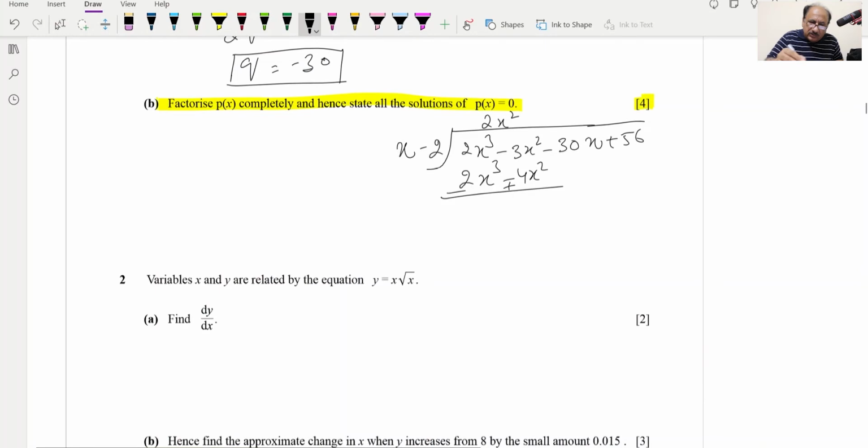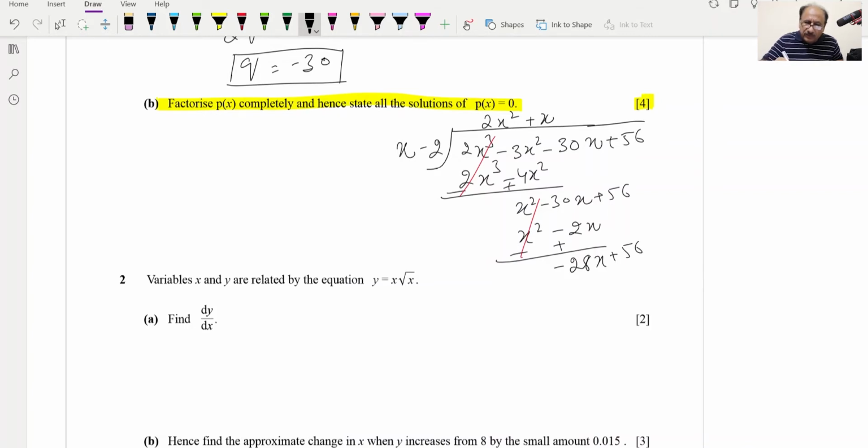This will be minus, this will be plus, and after cancellation, this will be x squared minus 30x plus 56. Now we can multiply it by plus x, and this will be x squared minus 2x. Changing signs and cancelling, it will be minus 28x plus 56.